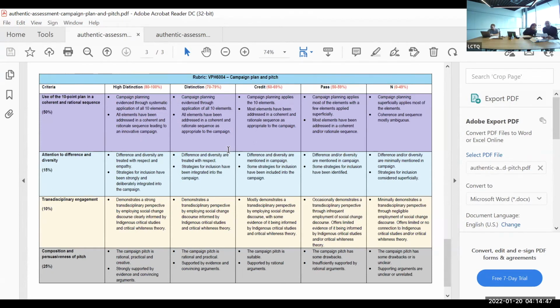Again, having a look at this in terms of semantic gravity and density, it seemed to be really in the third criteria, transdisciplinary engagement. Demonstrates a strong transdisciplinary perspective by employing social change discourse clearly informed by Indigenous cultural studies and critical whiteness theory.